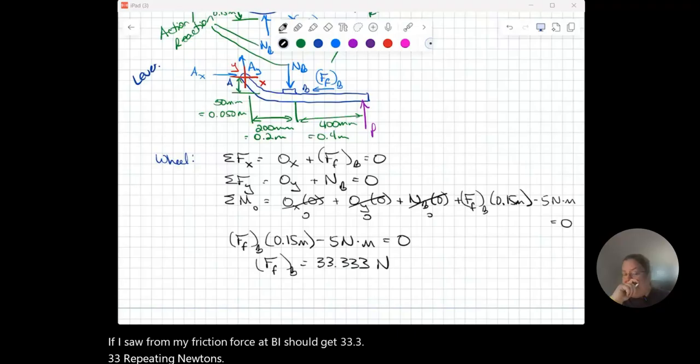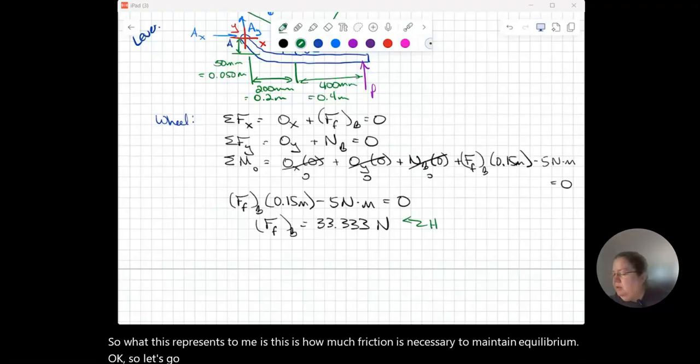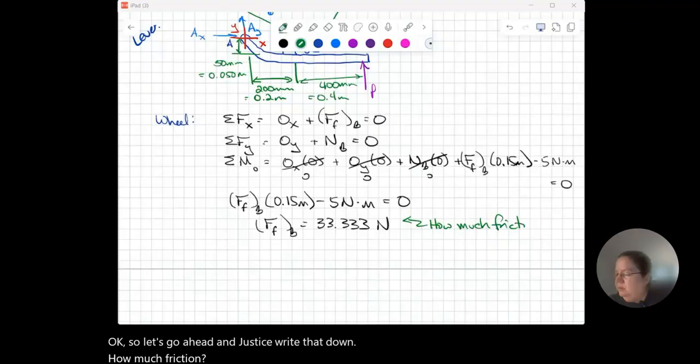So what this represents to me is how much friction is necessary to maintain equilibrium. Okay, so let's go ahead and just write that down. How much friction to maintain equilibrium.